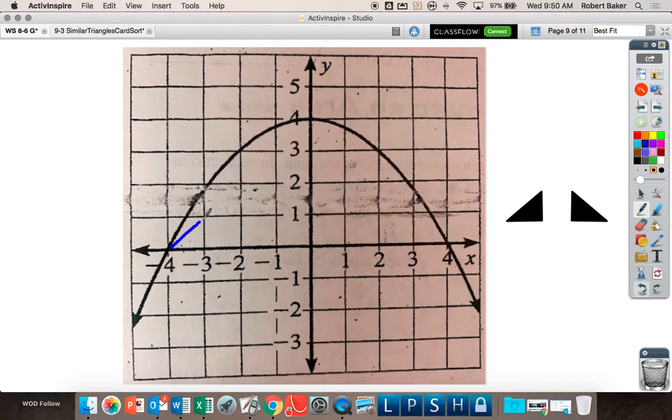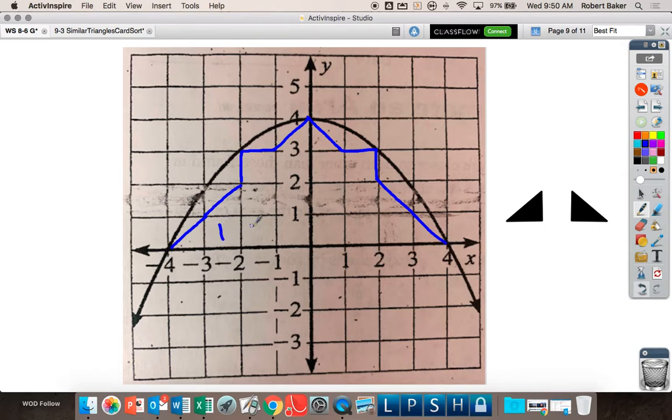I have this. See this little bit of white space right here? So I didn't count that one. That's what I have on my paper. I didn't count this box because there's a little bit of white space showing, so I didn't count it as completely in there.